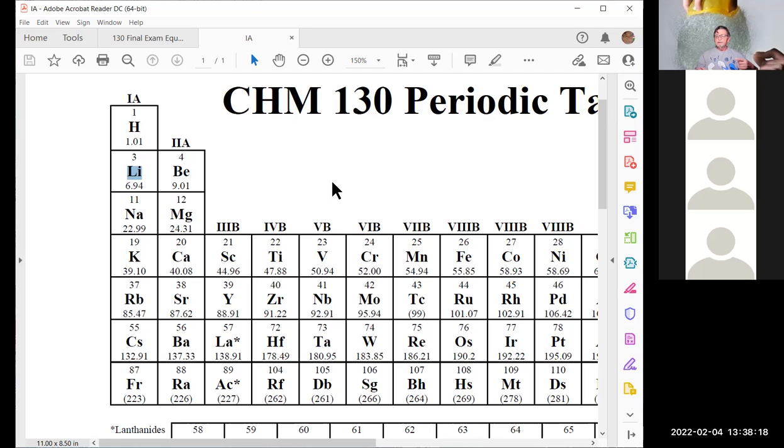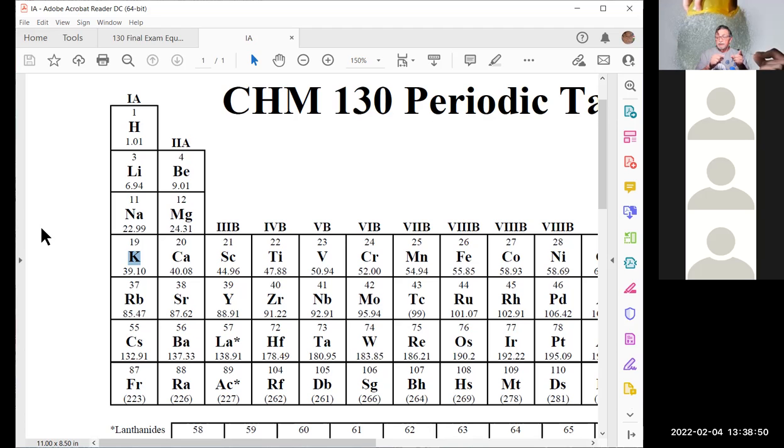What that whole number tells me is 2 bits of information. It tells me how many protons that element has and how many electrons. So lithium has 3 protons and 3 electrons, okay? If we look at K, which is Kalium, which is actually potassium, it has 19 protons and 19 electrons.